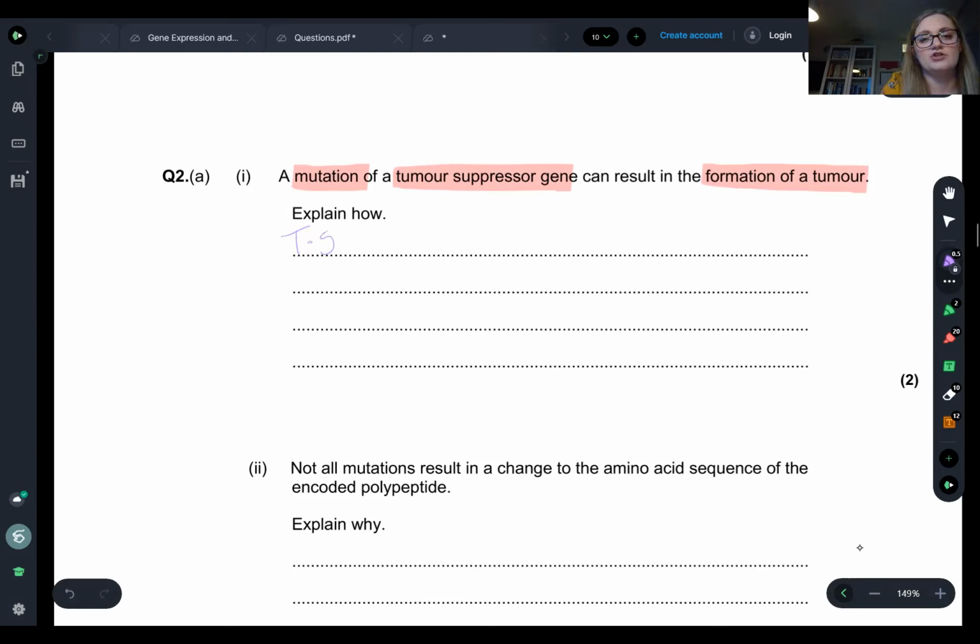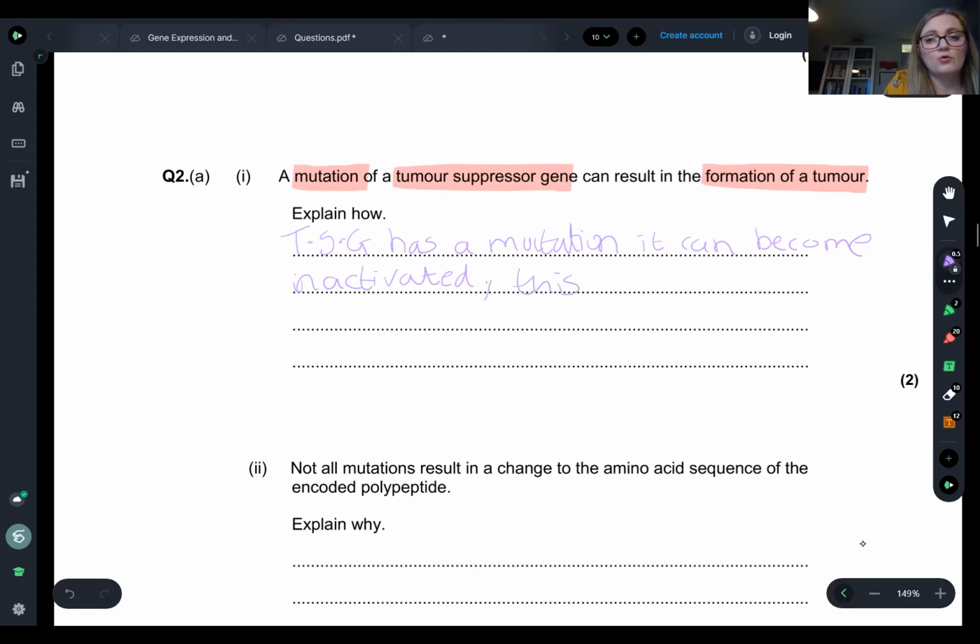So if a TSG has a mutation, it can become inactivated. That's your first mark.